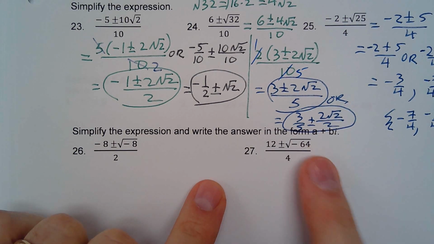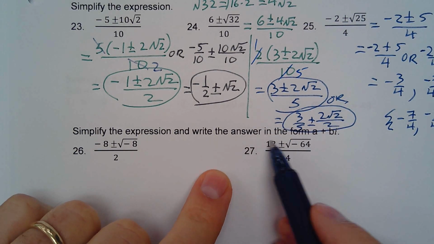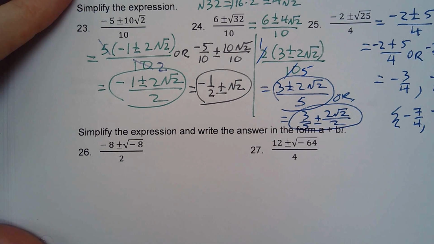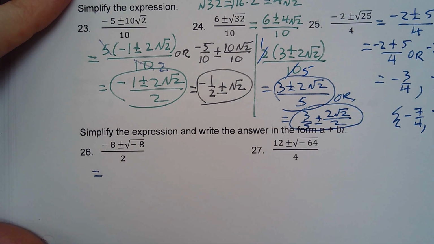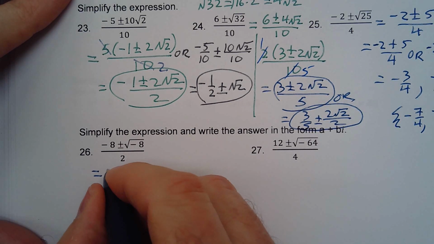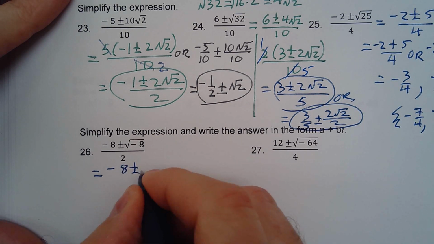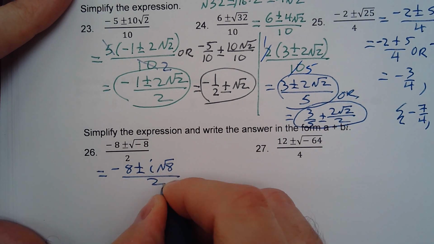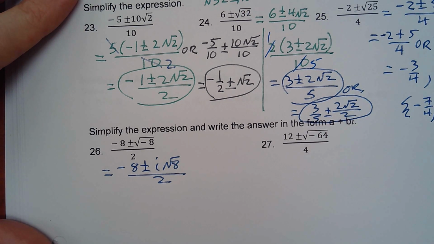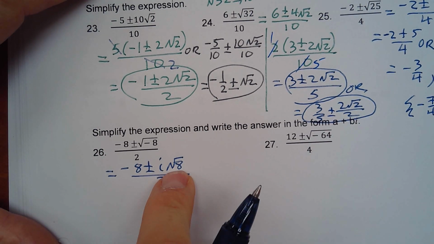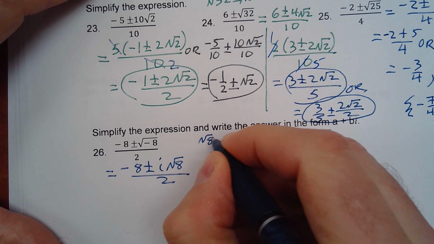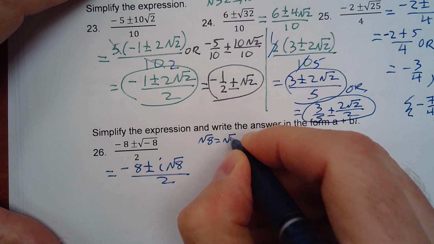Okay, so now when they say to write it in the form a plus bi, we do have to separate the terms out. So what we're going to do is first write everything in terms of i that we need to. So I'm going to rewrite this i square root of 8 over 2. Square root of 8 is square root of 4 times 2.